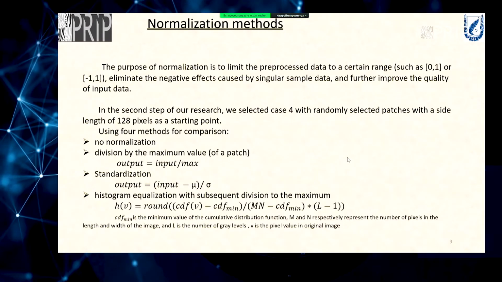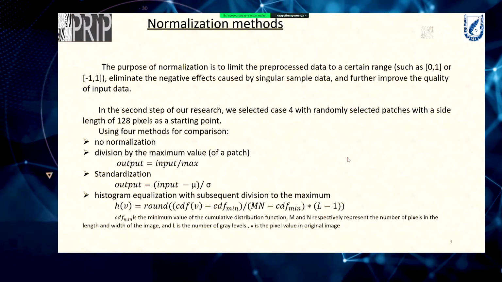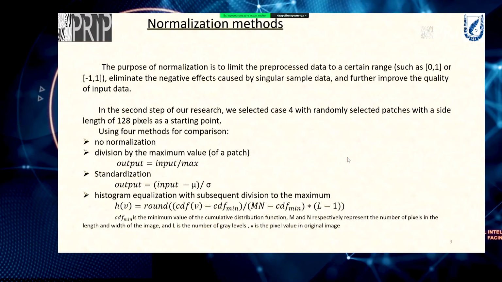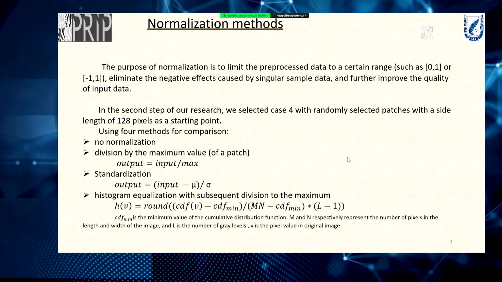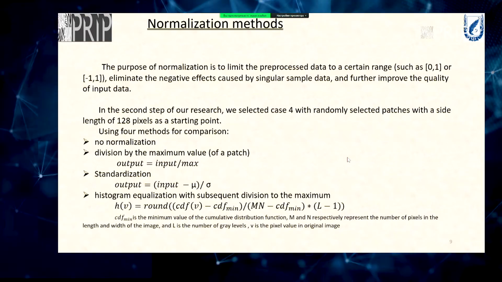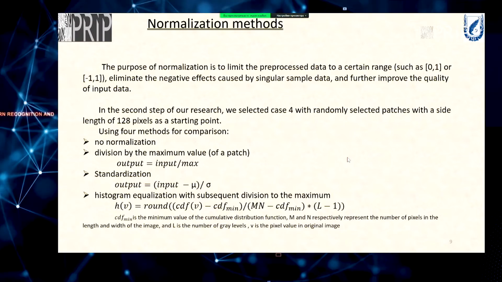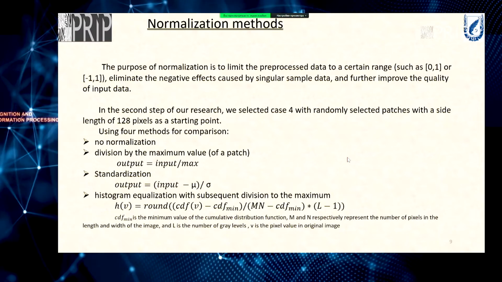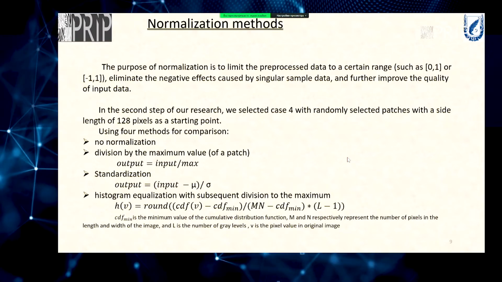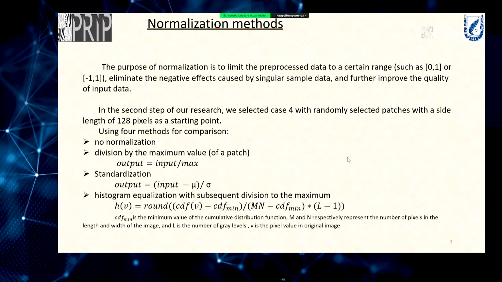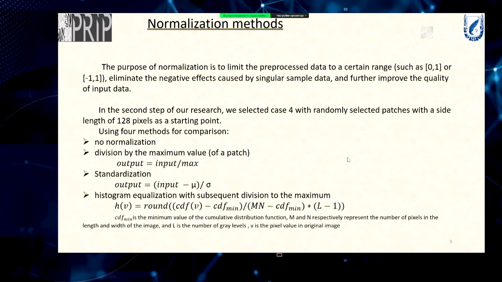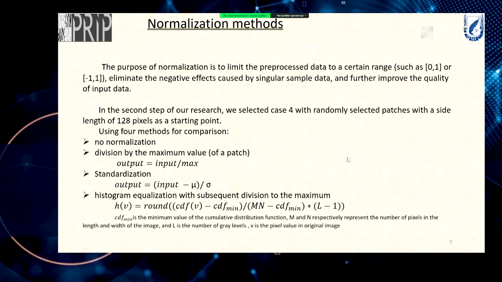On the basis of the first step, we have done the second step, normalization, in our research. The purpose of normalization is to limit the preprocessed data to a certain range, eliminating the negative effect caused by singular sample data in order to improve the quality of our input data.